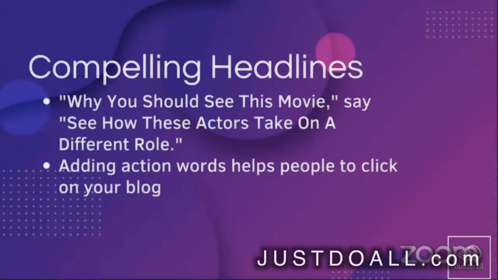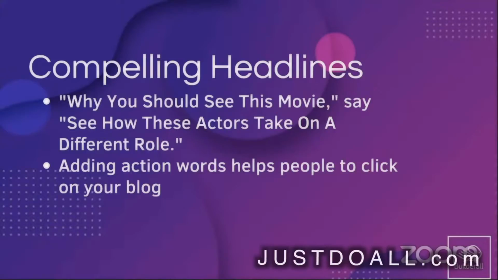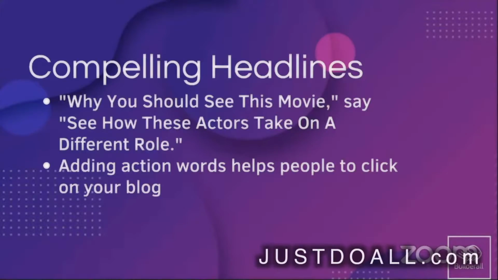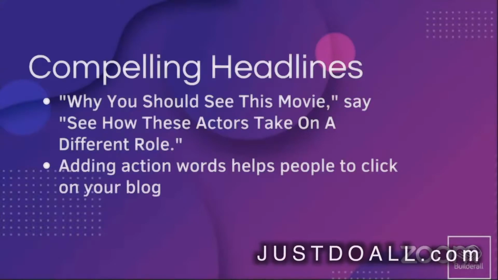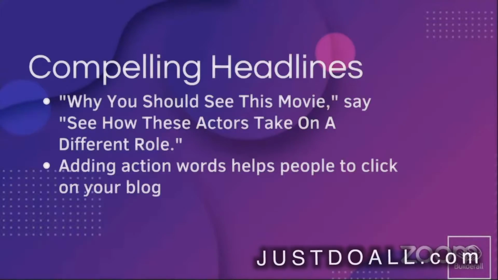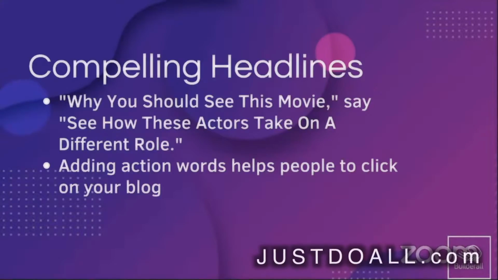Maybe reword it, and say something like, see how these actors take on a different role. You see, you want to make sure that you have certain compelling words where it has some kind of action. So you want to be able to add action words to help people click on your blog, okay? You don't want them to be like, I don't know if I should read this. This doesn't seem that great.